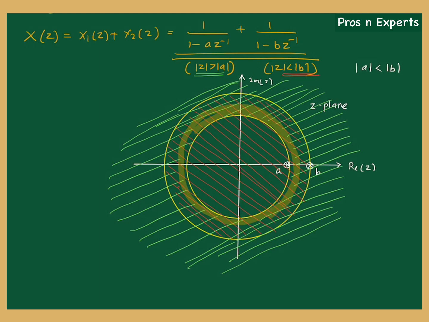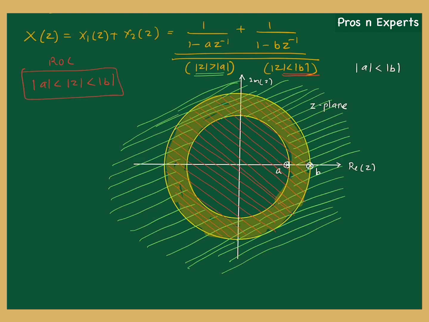This is the portion where both of these individual ROCs intersect. So this is the ROC of the total z transform, and we can express the ROC as mod a less than mod z less than mod b. This is the ROC of the total signal.